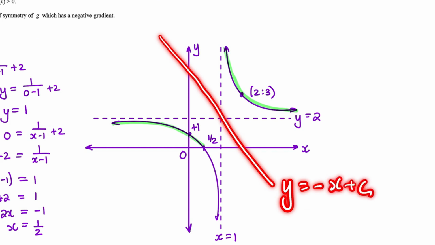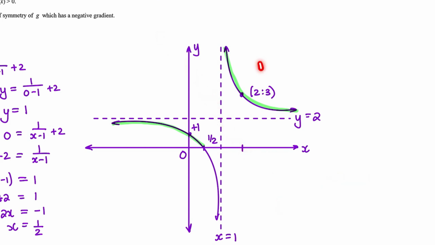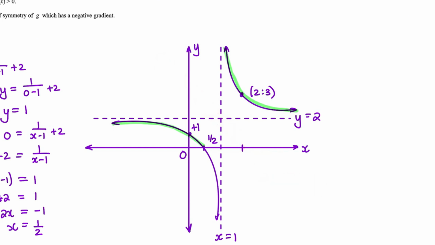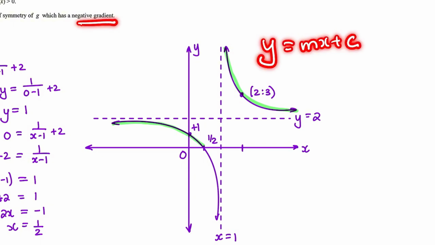Remember, the axis of symmetry either has a gradient of positive 1, or when it's negative, the gradient would be equal to negative 1. So if you think of the format of y equals mx plus c, for a negative gradient, we already have that as negative 1.